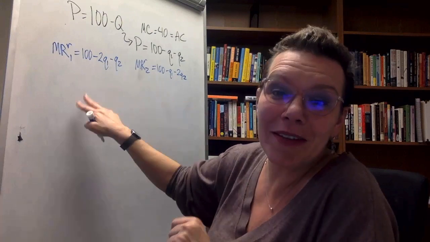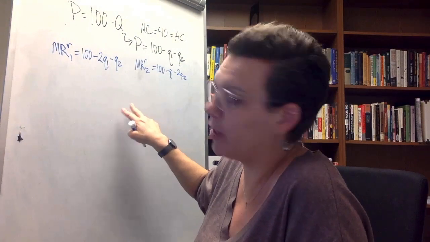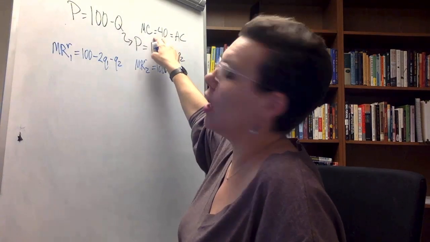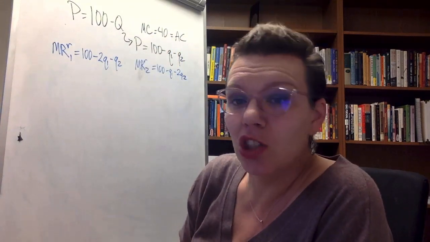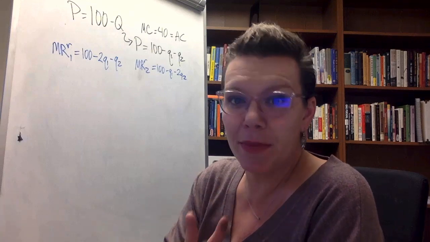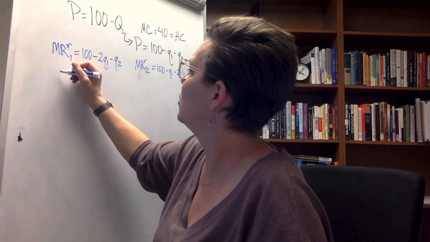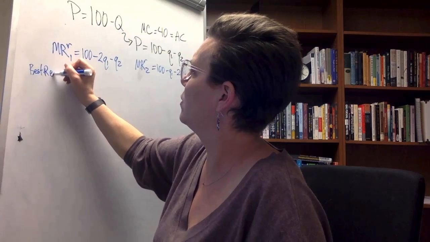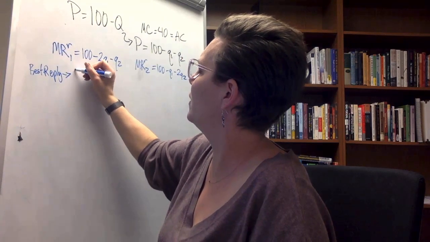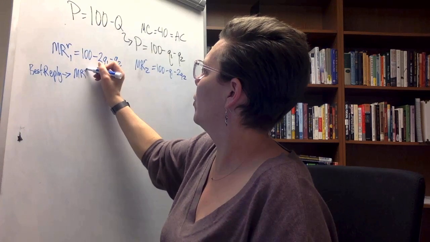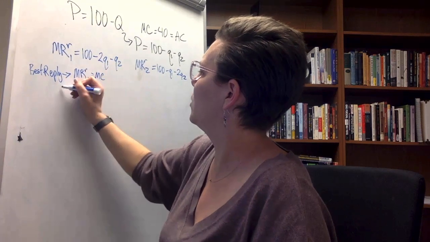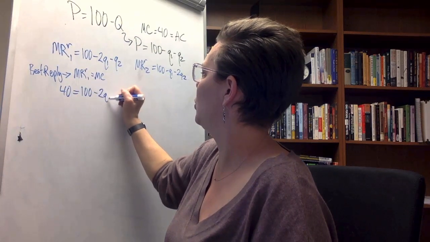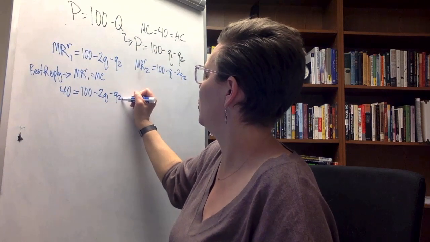Okay, so now we have 2 marginal revenue functions for our 2 firms. And then we want to set both of them equal to marginal cost. The marginal cost is the same, so we're going to get mirror image best response functions. So to get the best response function, we're going to set marginal revenue equal to marginal cost. So we're going to say 40 equals 100 minus 2Q1 minus Q2.